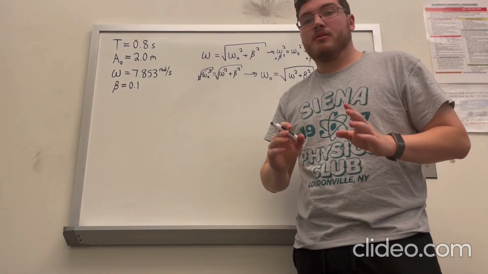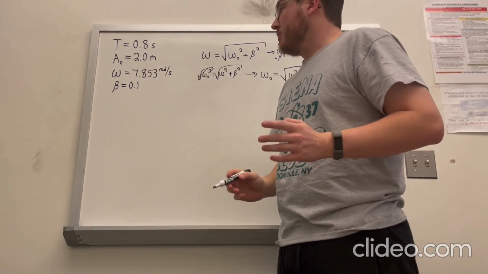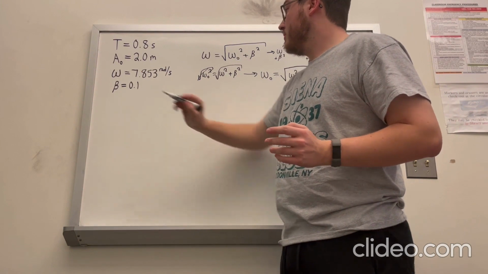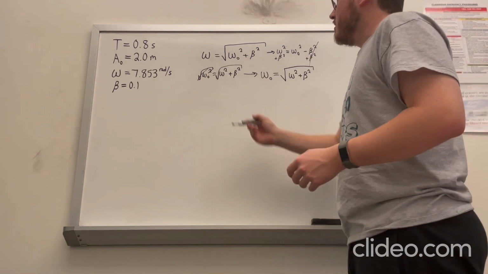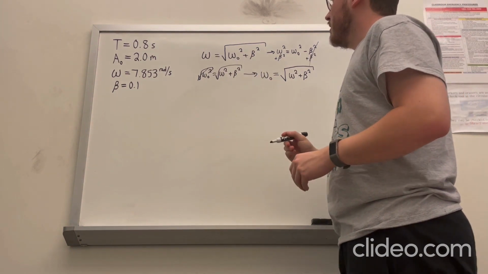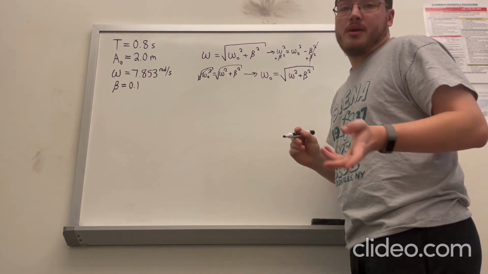Okay, so now that you have found your angular frequency omega, as well as your damping constant beta, which is 0.1, you can use the equation omega is equal to the square root of omega naught squared plus beta squared.